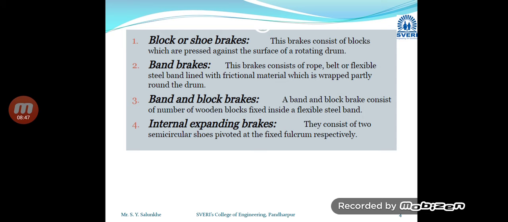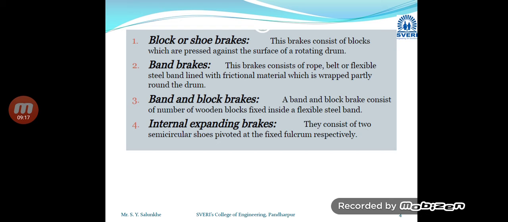Now we are concentrating on the mechanical type of brakes only, and hydraulic and other types of brakes are studied further in the later courses of our mechanical engineering. So when we are concentrating on the mechanical braking system, these mechanical brakes are divided into 4 types. Out of that, first is called block or shoe brake.